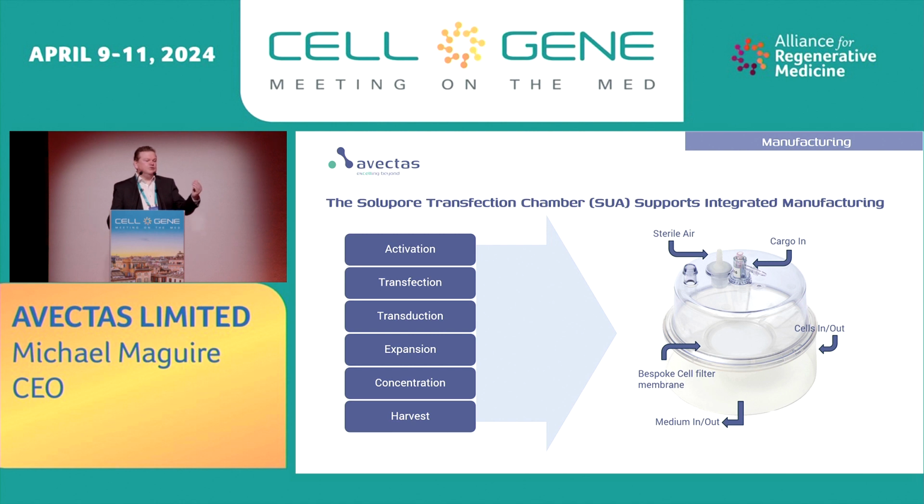After transfection, we can leave those cells within the same vessel. So you're not transferring them, you're not touching them, you're preserving the process, and expanding those cells within the vessel. We can also activate the cells, transduce them, concentrate and harvest them as well. So beginning to piece together the full manufacturing process within one single-use disposable, which is available at GMP as well. And we look forward to presenting data on this process put all together end-to-end at upcoming meetings.